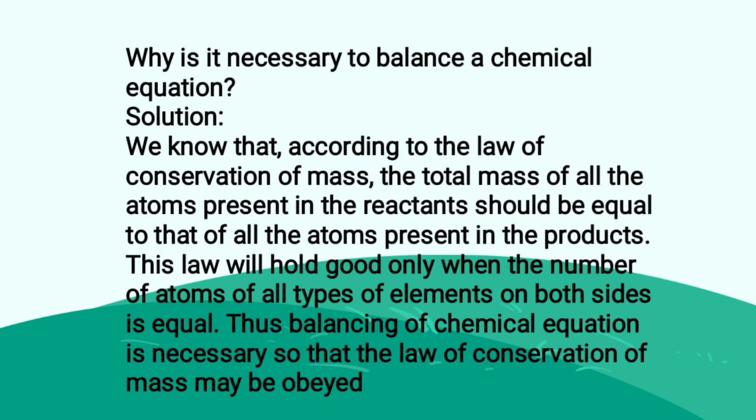Why is it necessary to balance a chemical equation? According to the law of conservation of mass, the total mass of all the atoms present in the reactants should be equal to that of atoms present in the products. This law will hold good only when the number of atoms of all types of elements on both sides is equal. Thus, balancing of a chemical equation is necessary so that the law of conservation of mass may be obeyed.